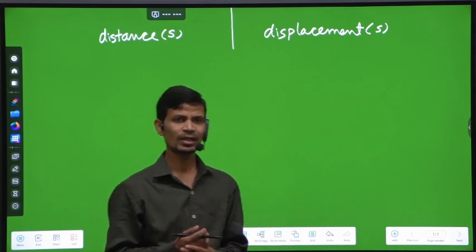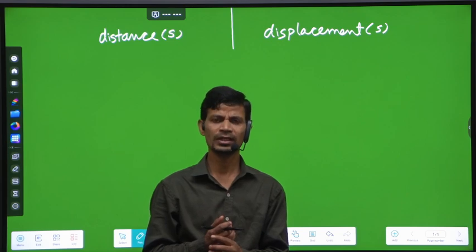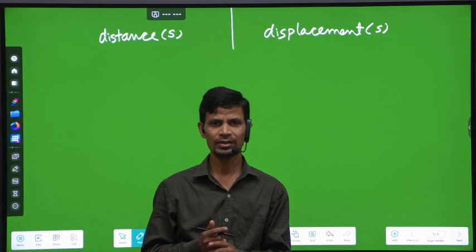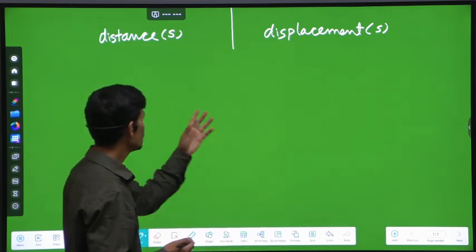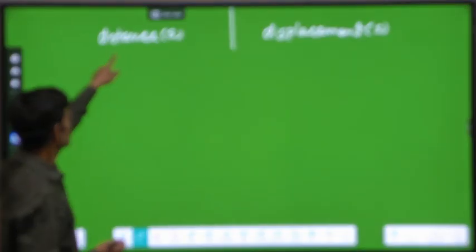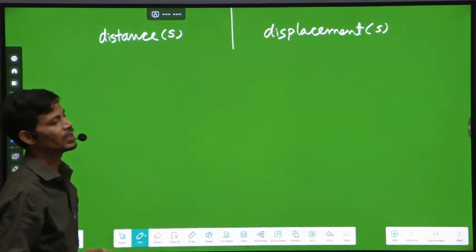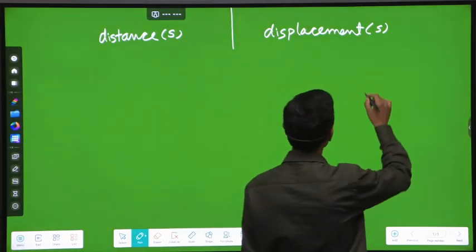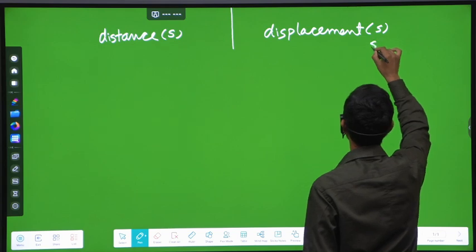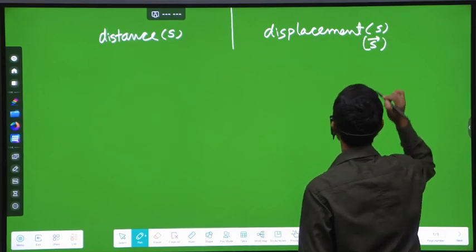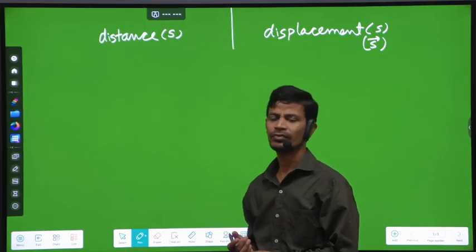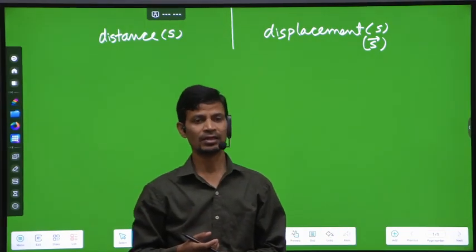So direction is not the only criterion, there are some other criteria also, but we will discuss it later on. But here, in some books they differentiate both of them by putting an arrow over it, but here in kinematics we are not going to use their vector form.